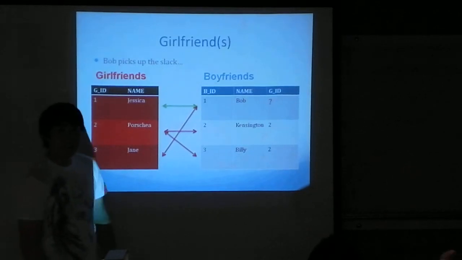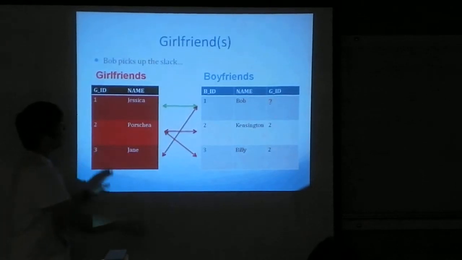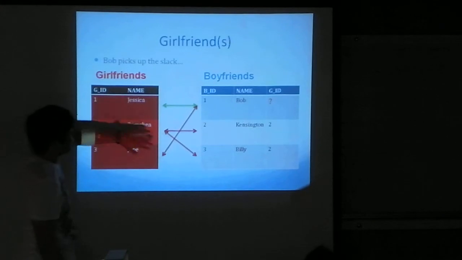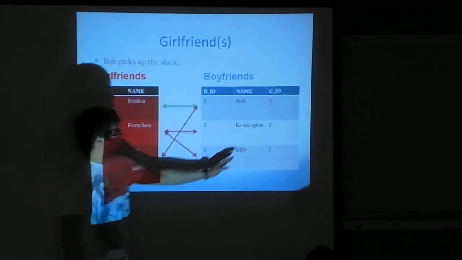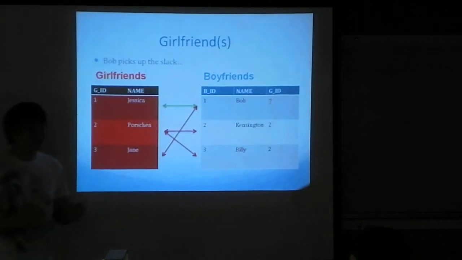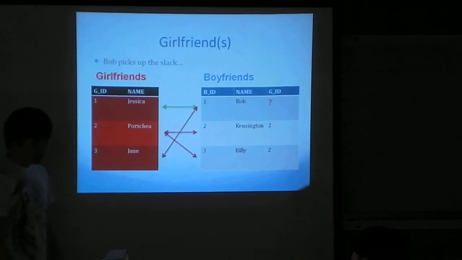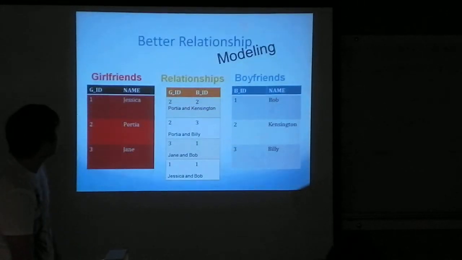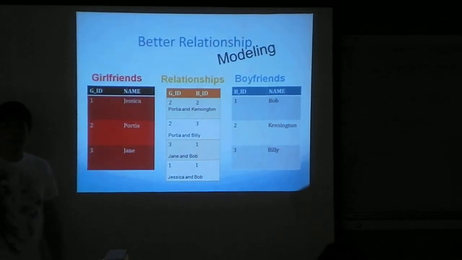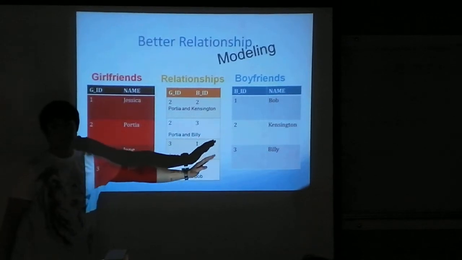If we notice here, what we've done is we've created multiple mappings. That means one boyfriend can have multiple girlfriends, and one girlfriend can have multiple boyfriends. So, using this foreign key column here, we created a problem because we can't assign Bob both Jane and Jessica. The solution is to create a separate table to uniquely map the relationships between the boyfriends and girlfriends.